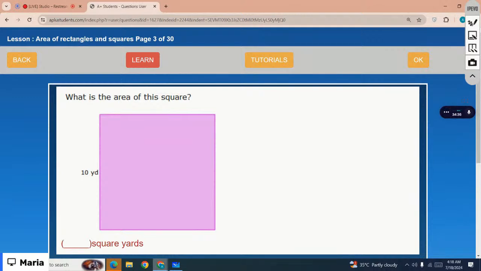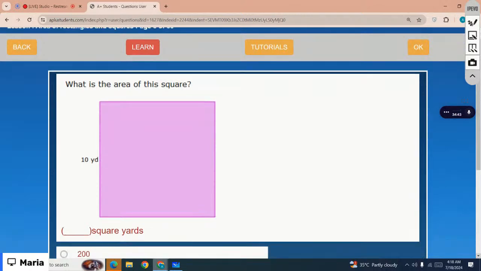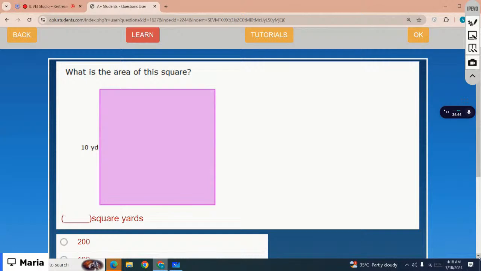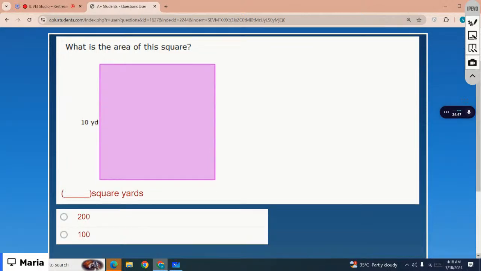What is the area of the square? So you have to do side times side, right? That would be 100 square yards. The correct option is option number 2. That is 100 square yards.